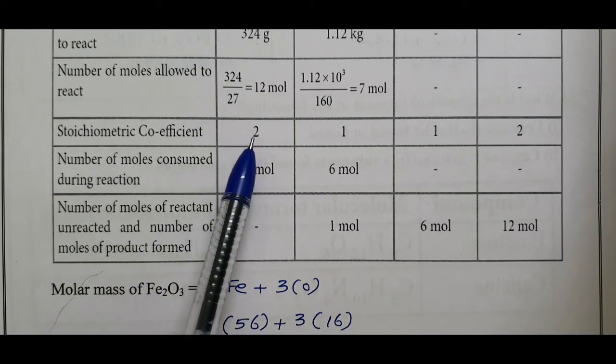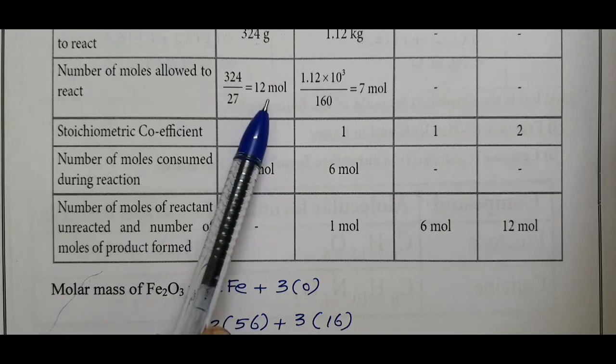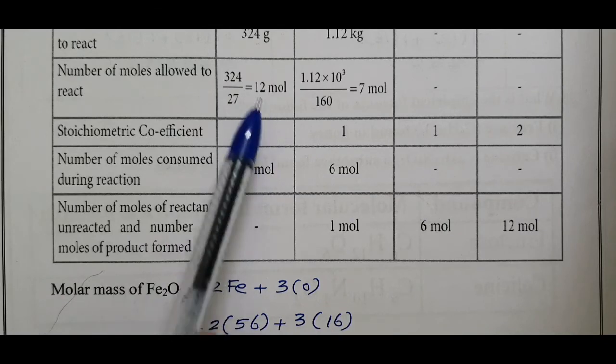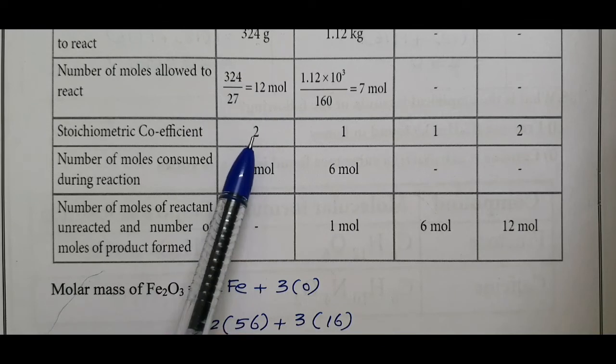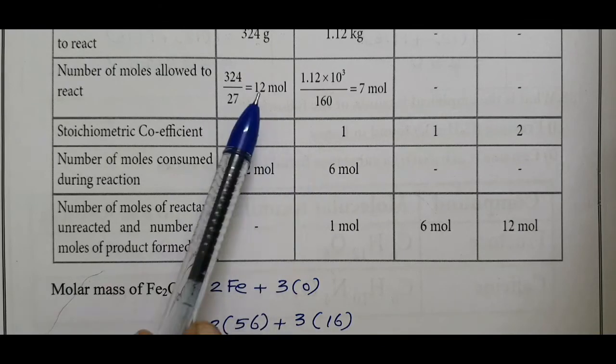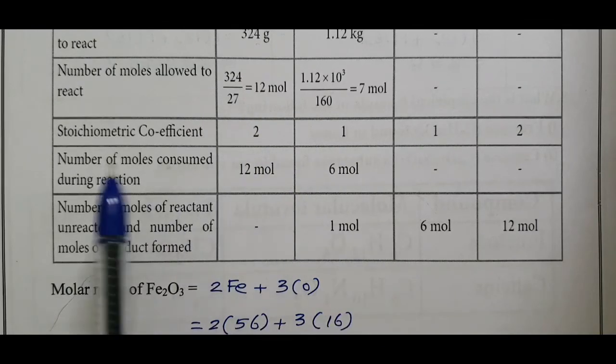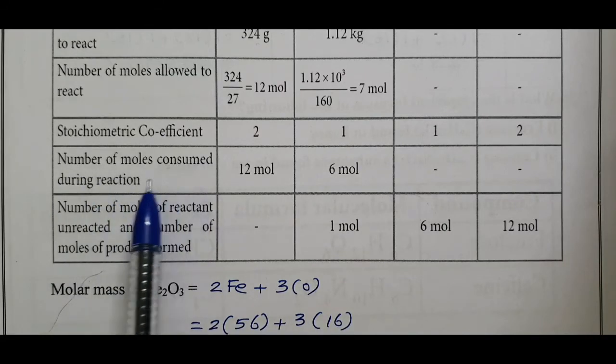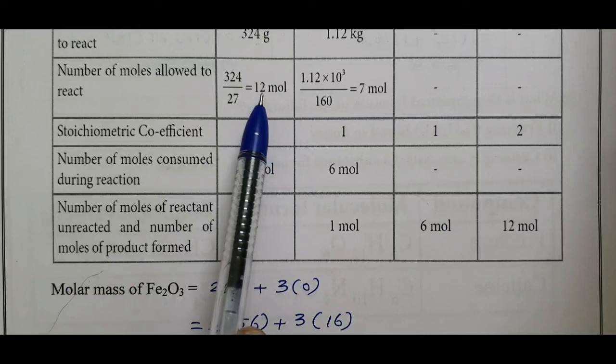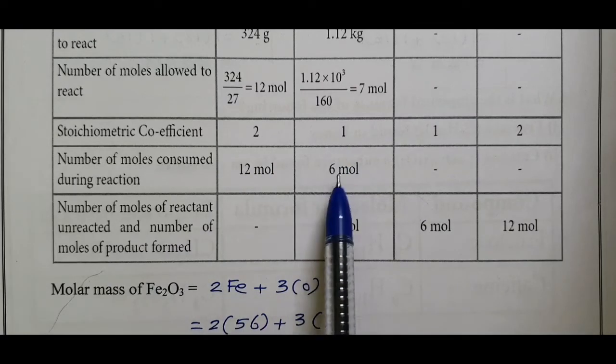Now 2 moles equals 12, so what is 1? Stoichiometric coefficient 1 means 12 by 2 equals 6. So number of moles consumed during the reaction: all the aluminum is consumed. So 12 moles consumed. Here 2 equals 12 moles, 1 equals 6 mole.